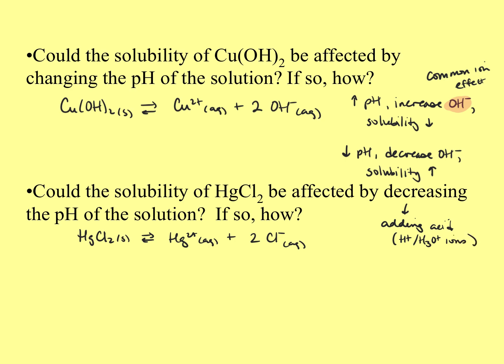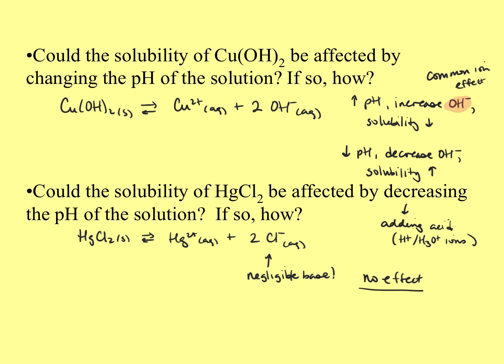But you remember that Cl minus is a negligible base because its conjugate acid is HCl, which is strong. So adding any kind of strong acid will have no impact on this solubility because that Cl minus is negligible. So no effect on solubility as a result.